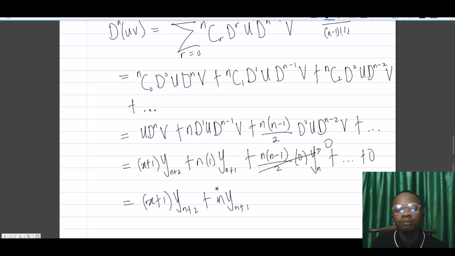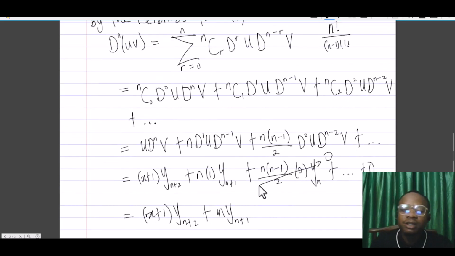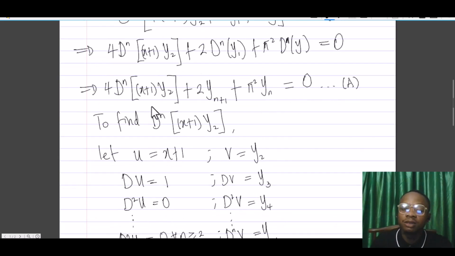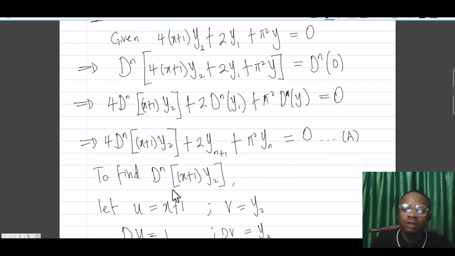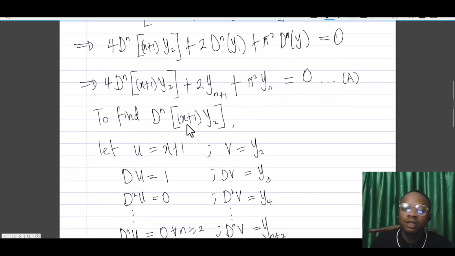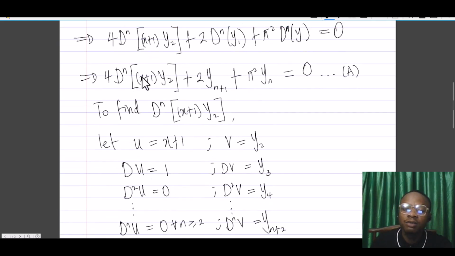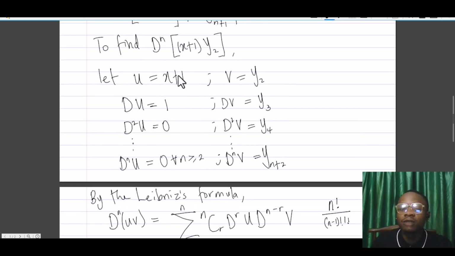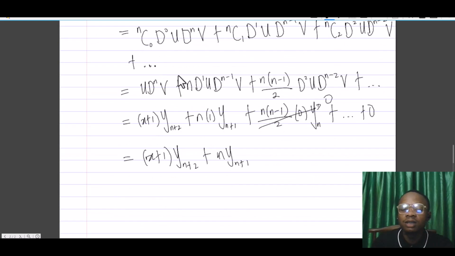So with this, we are good to go. We can now put this into equation A where we stopped here. So we went through all of these steps just to obtain this result. So we can now put it back here to get our result. Let's say this is equation star now.